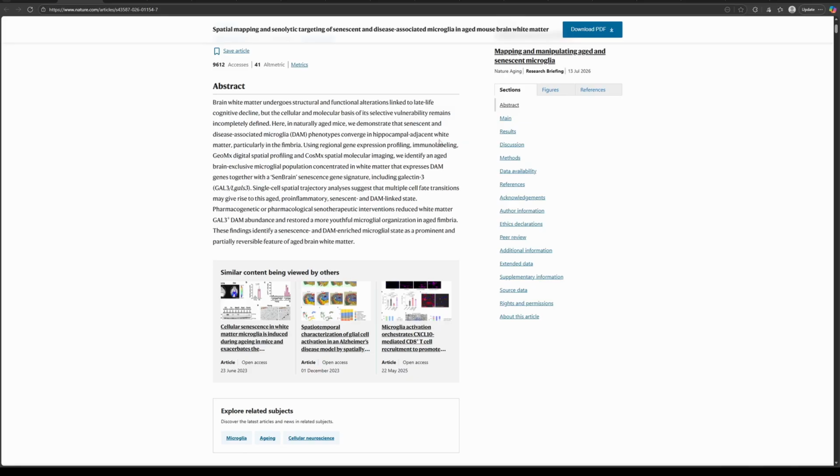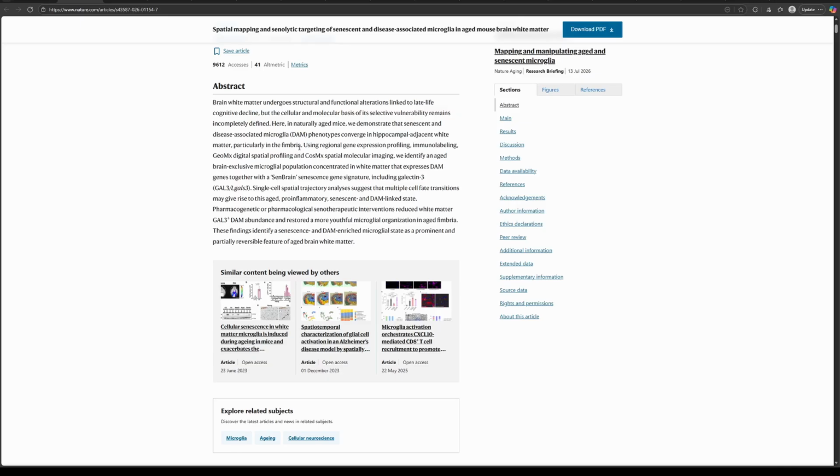So this is white matter next to the hippocampus, which is a part of your brain. And phenotypes is essentially just saying that it is expressing a certain type of physical characteristic, which is caused by the genes that it is expressing.